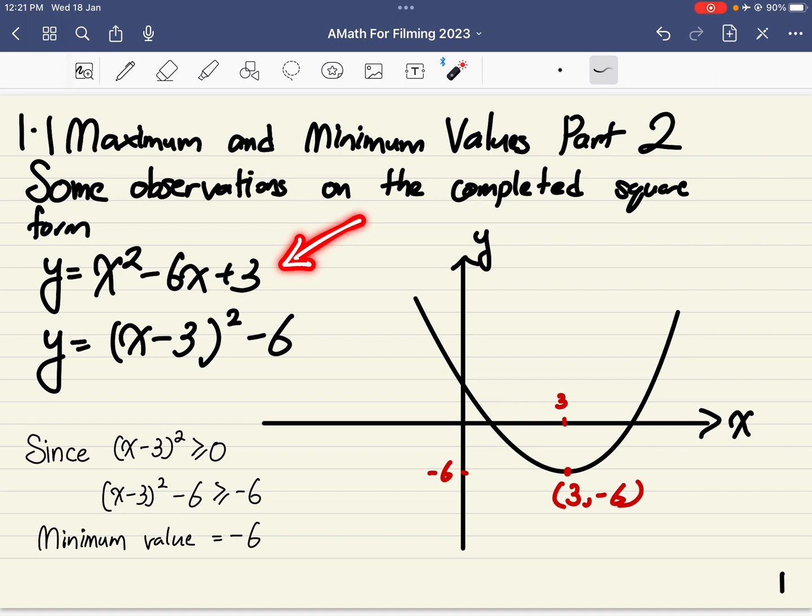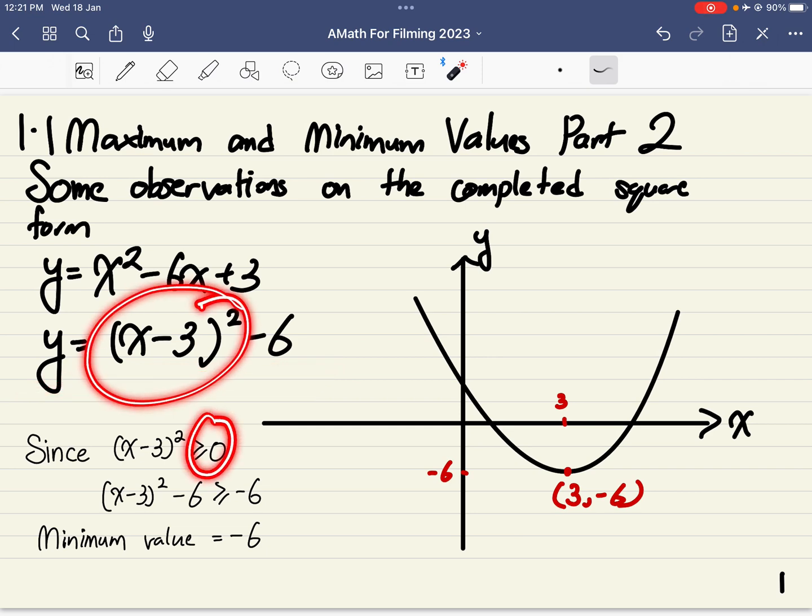If I have this equation over here, I've completed the square. So I will not go through the process of completing the square in this case. If I complete the square, I get x minus 3 squared minus 6. If you look at this form, you will notice that x minus 3 squared is always greater than or equal to 0.